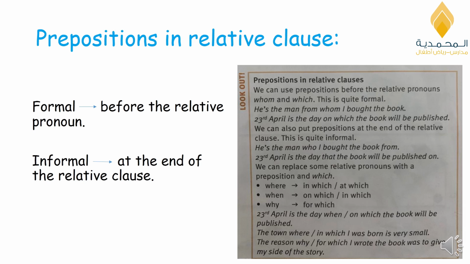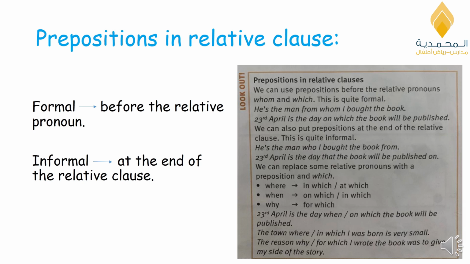Correct? But we can also put the prepositions at the end of the relative clause. And this is quite informal. Okay? So if you put the preposition at the end of the relative clause, it is considered informal. If you put the preposition before the relative pronoun, it is considered formal writing. Okay? Let's see the examples. He's the man who I bought the book from.